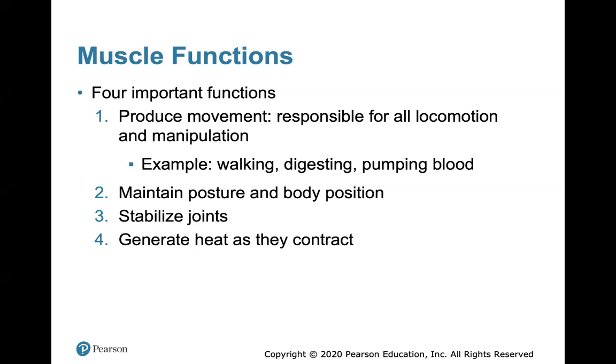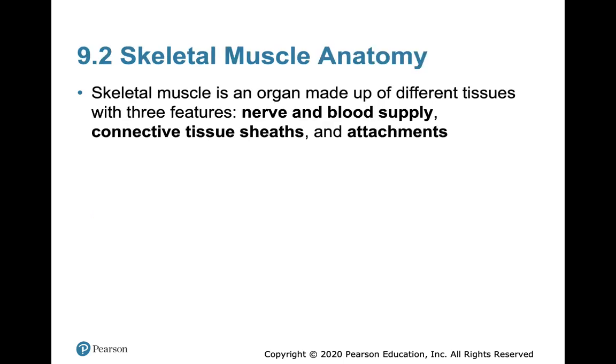They help to stabilize your joints, like your ball and socket joints of the shoulder and hip, as well as your synovial joints, like your knee and elbow. And they also generate heat as they contract. So this is why if you're extremely cold, which doesn't happen often in Southern California, but if you are cold, you'll start to shiver, and that shivering produces heat.